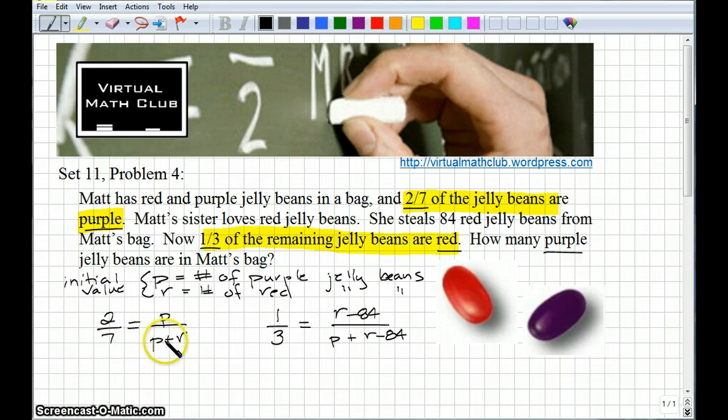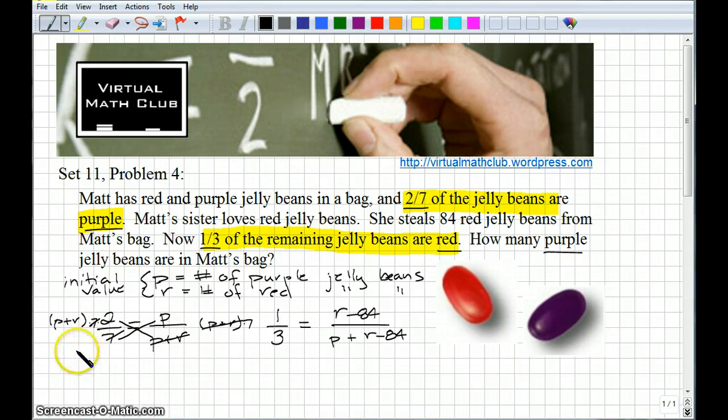What I'm going to do is cross multiply. You don't have to think of this as cross multiplication. Essentially, you can think of this as multiplying both sides by P plus R, and also by 7. 7 over 7 is just 1, so that gets the 7 off the denominator on the left-hand side, and P plus R over P plus R is also 1.